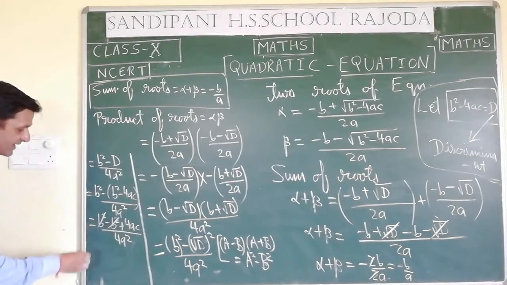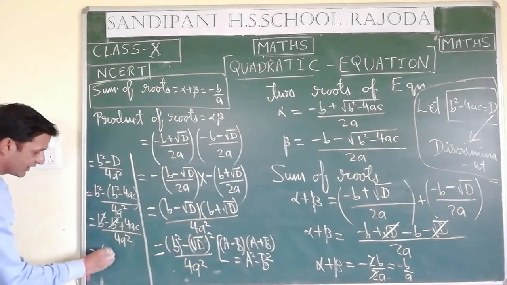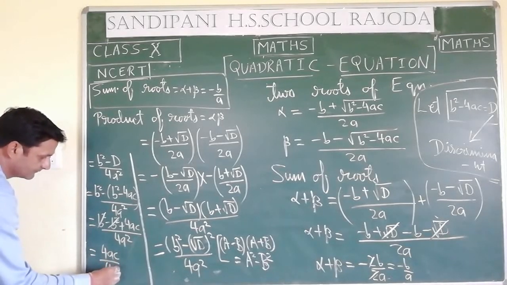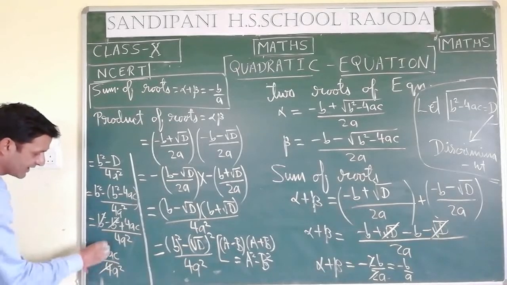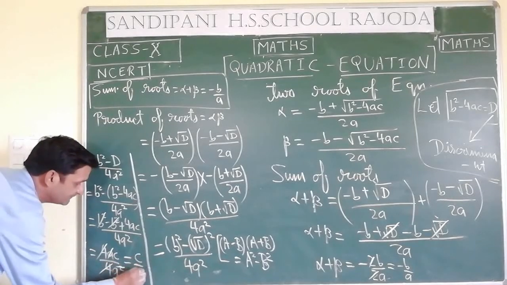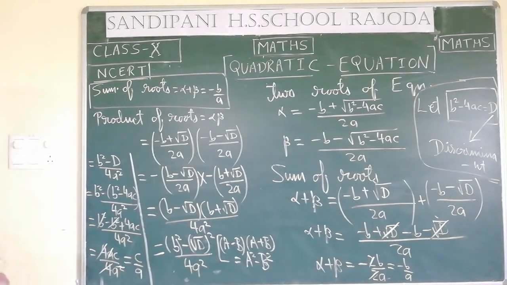So b square is cancelled, and it will be equal to 4ac upon 4a square. So this 4 is cancelled, a is cancelled by this one power. So what we got? It is c by a. So we may tell product of roots is equal to c by a, that we have determined.